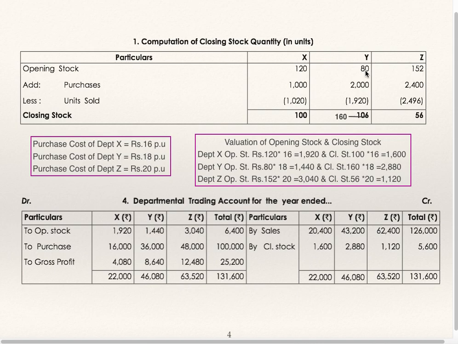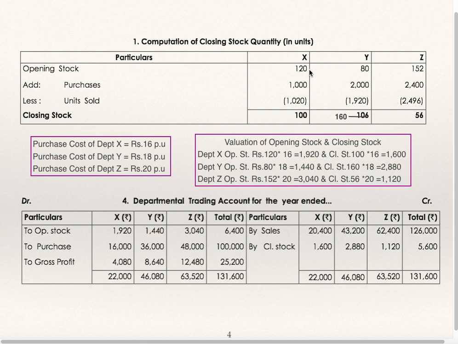For department Y, opening stock is 80, they have purchased 2000, they have sold 1920 units, so closing stock of department Y is 160. 106 is a printing mistake; 160 units is closing stock of department Y. Department Z opening stock is 152 plus purchases 2400 minus units sold 2496, closing stock of department Z is 56 units.